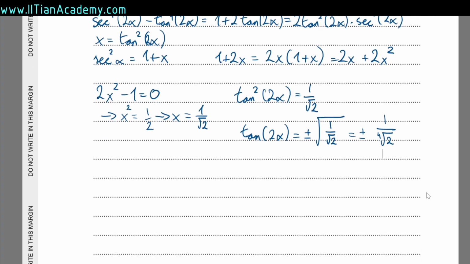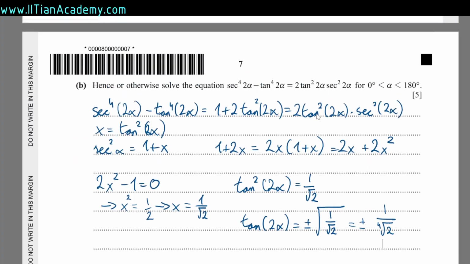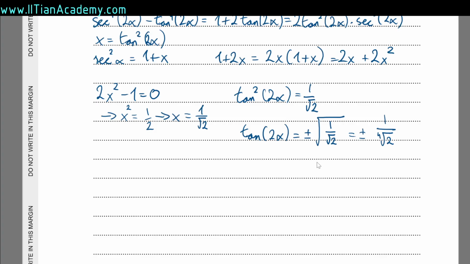Okay, so now that we have this, what we need to solve for is alpha. We know we have this equation. Now we can just evaluate what this is going to be. If we plug this in our calculator, this would be like 0.841.